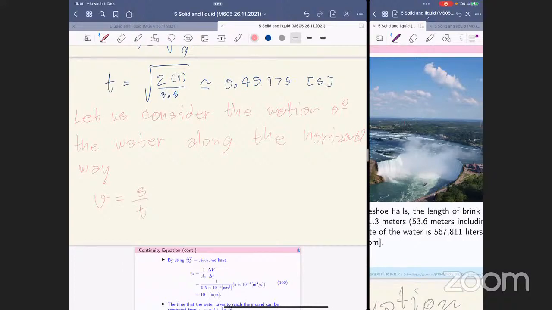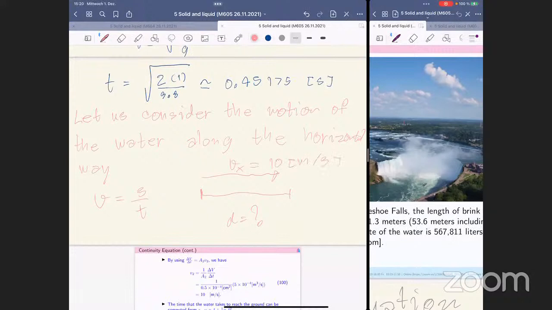It's called v equals s by t, and we want to find the distance d, which is s in this expression. The speed in this motion is Vx, which is 10 meters per second.